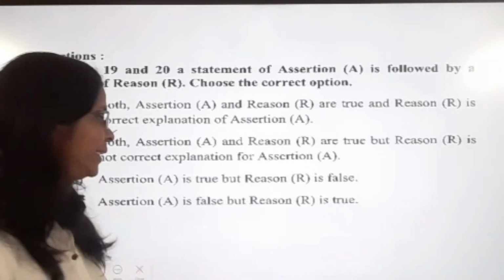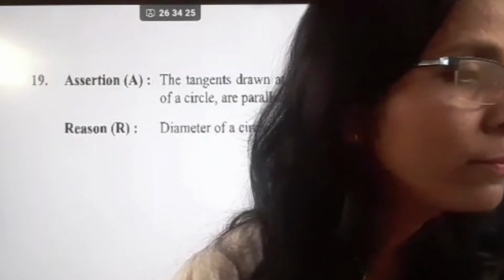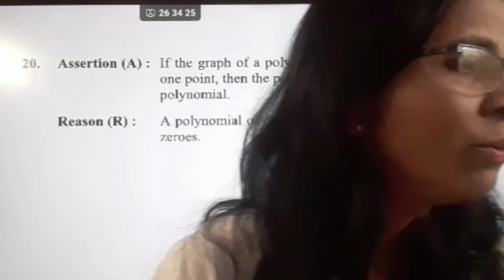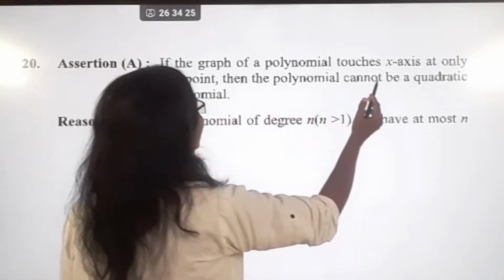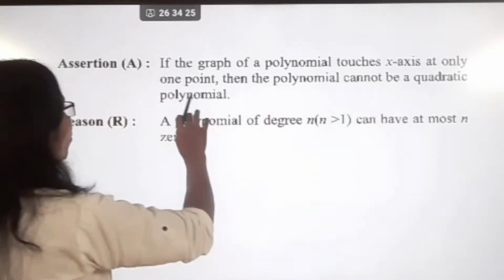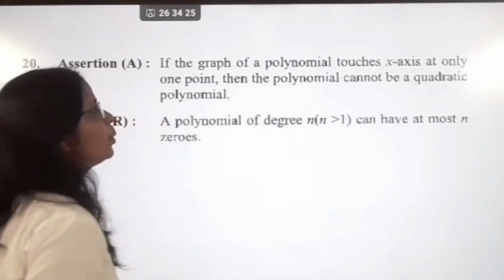Okay students. The next one, see the 28th example. The assertion is: if the graph of a polynomial touches the x-axis at only one point, then the polynomial cannot be a quadratic polynomial.